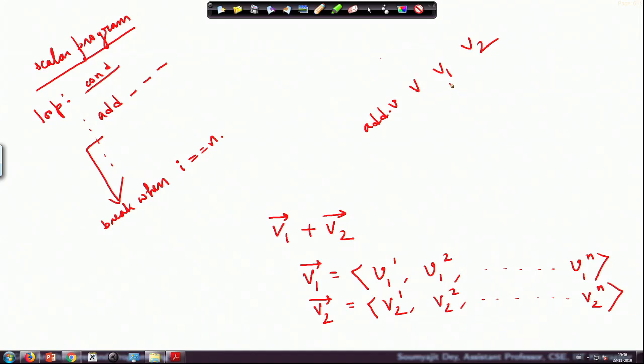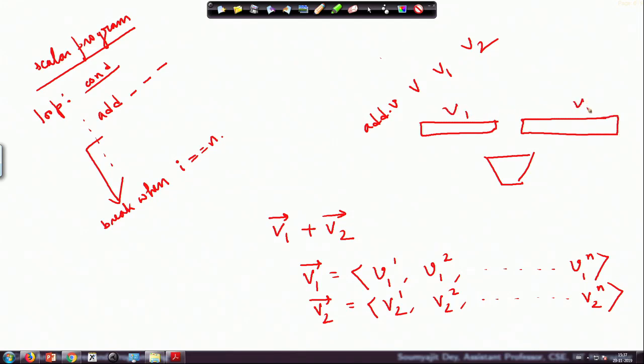So, in a way what is happening is there is some functional unit and it is getting data from two vector registers v1 and v2, and the output gets stored in another vector register v.